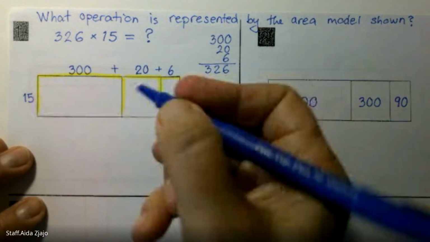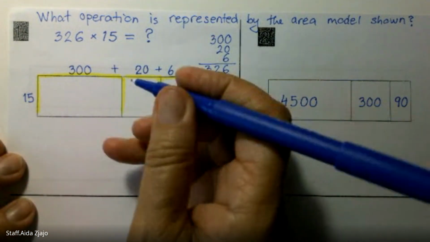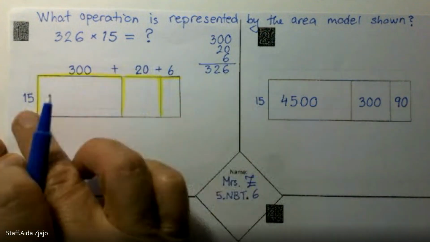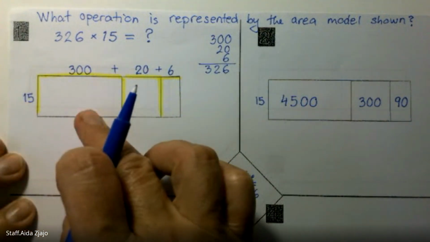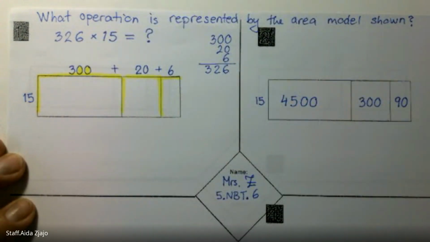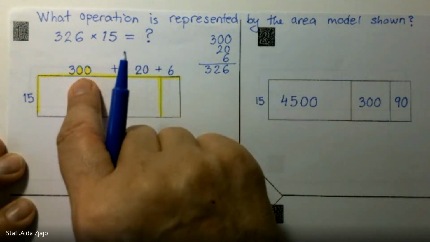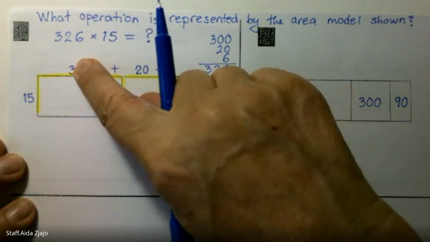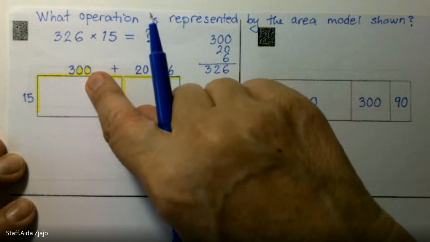So let's do the first area. So 15 times 300. We can see here that we have two zeros. Two zeros represents 100. It means 100. So you can definitely say this is 3 times 100.